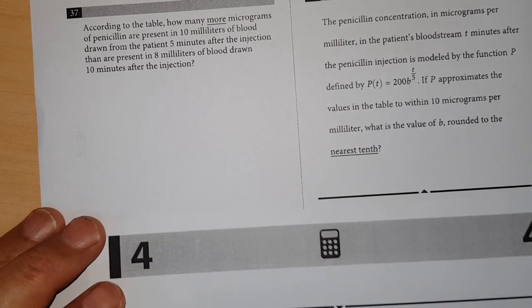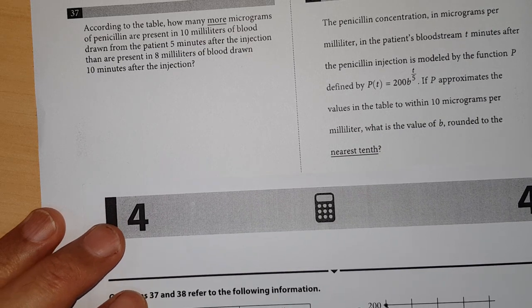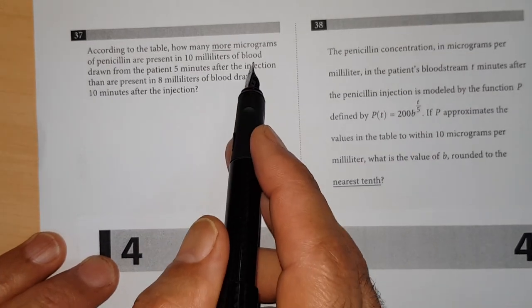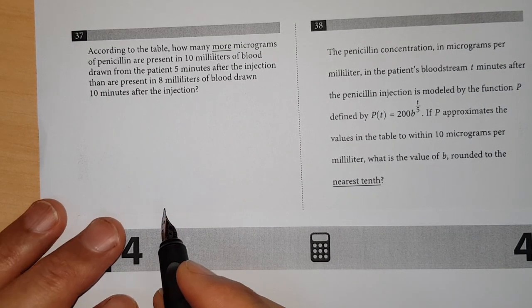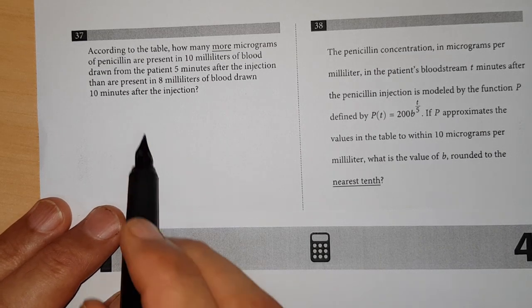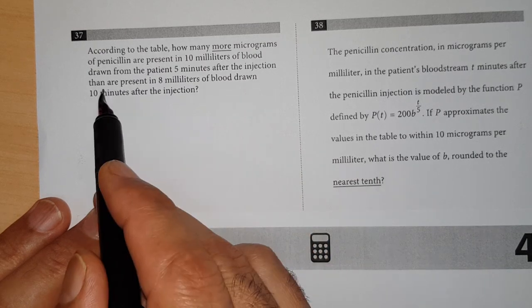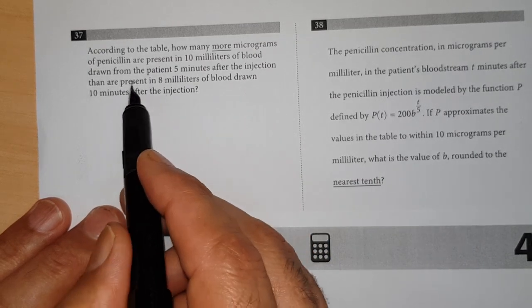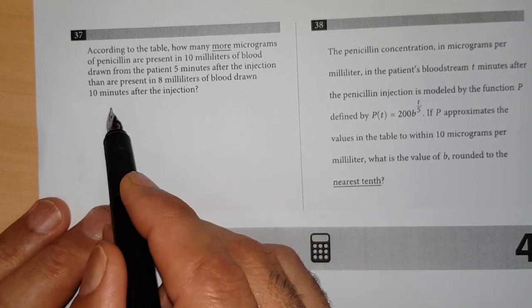In question 37: how many more micrograms of penicillin are present in 10 milliliters of blood drawn from a patient 5 minutes after the injection than are present in 8 milliliters of blood drawn 10 minutes after?